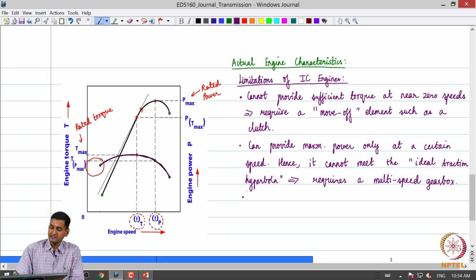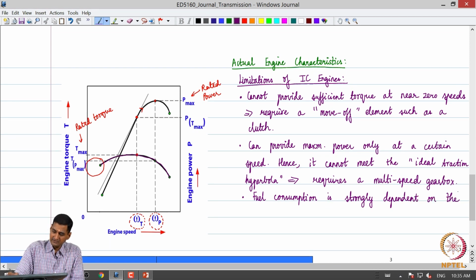Another limitation of the IC engine, which becomes important when we look at it from the perspective of fuel economy, although not directly visible from this plot, is that fuel consumption in an IC engine is strongly dependent on the operating state or point.